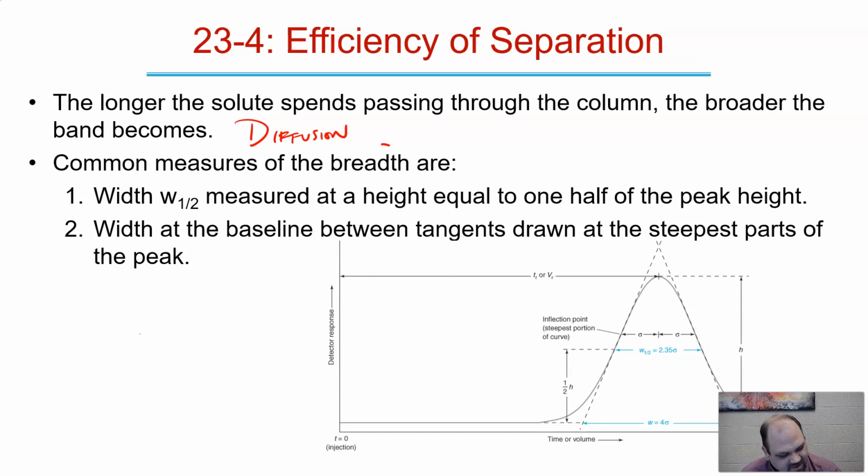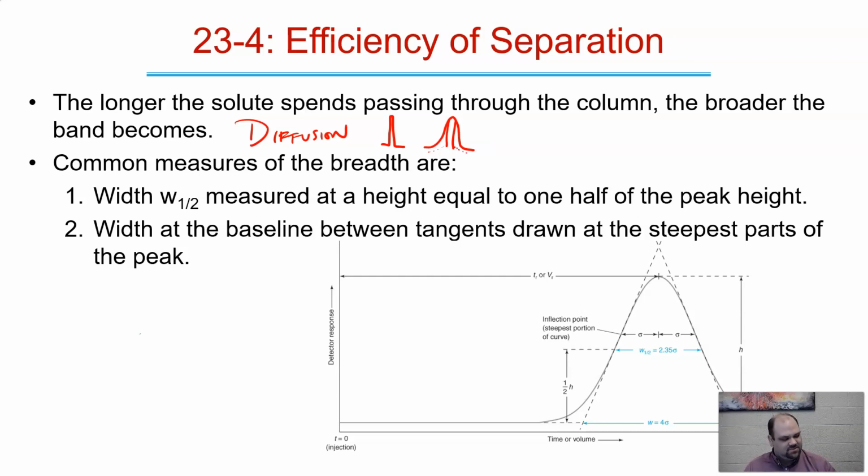And so I go from having a peak that's like this to having a peak that's a little more like this, because yes, most of it is still there in the middle, but some of it has moved backward in the column, some of it has moved forward in the column. But how do we measure that breadth?